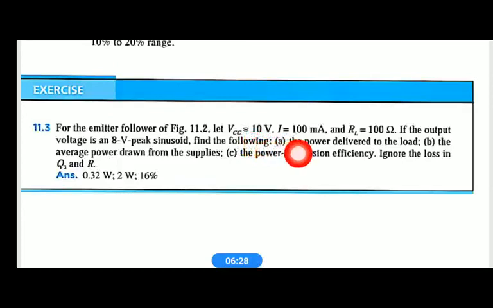For the emitter follower of the above circuit, VCC is 10, I is 100 milliamp, and RL is 100 ohm. If the output voltage is an 8 volt peak sinusoid, that is V naught is 8 volt peak, you need to calculate the power delivered to the load PL, then the average power drawn from the supply PS, and then the efficiency.